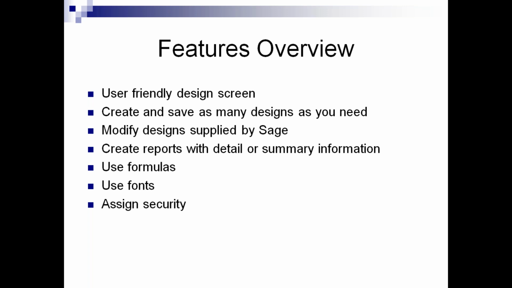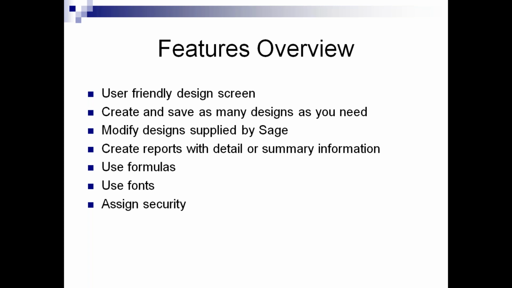Now, the one thing I want to point out about the report designer, it's very basic, meaning we don't put in logos, we don't draw boxes, we can draw lines, we can change fonts in each of the individual columns on the report.